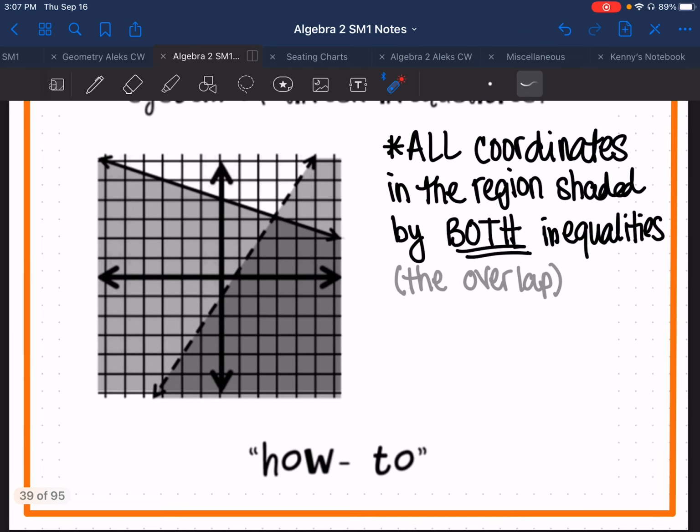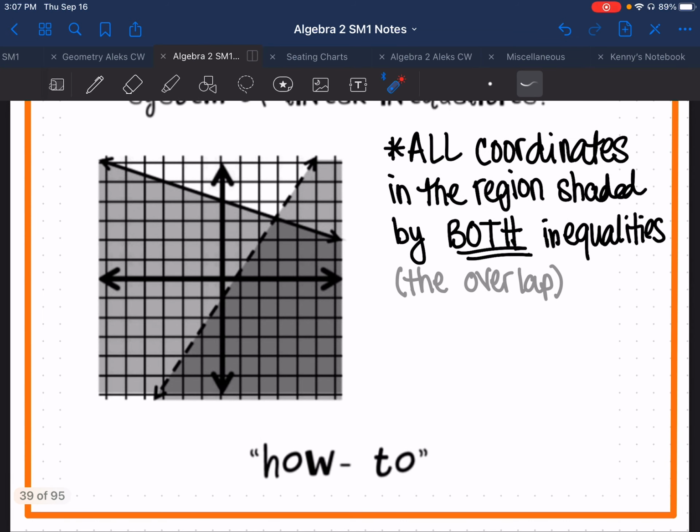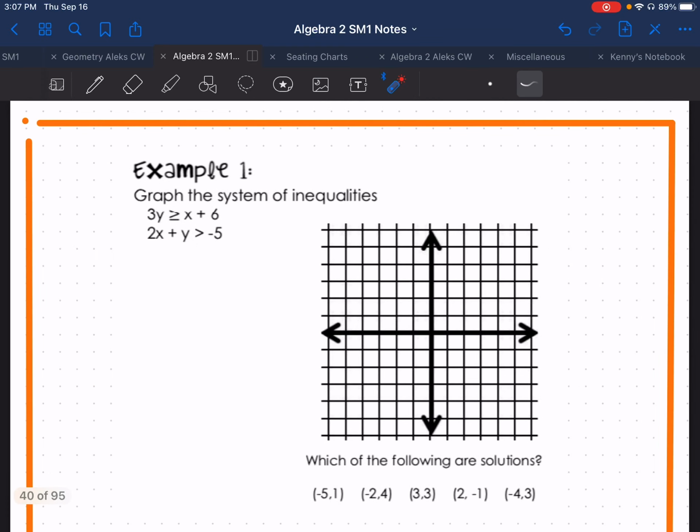All right, let's go ahead and talk about how we do this. So we're going to go ahead and practice a few examples. Let's go ahead and graph the system of inequalities. So once again, we're going to use our same technique. We're going to call this one equation 1, and we're going to call that one equation 2. We're going to take equation 1, and we're going to make sure that we can graph.